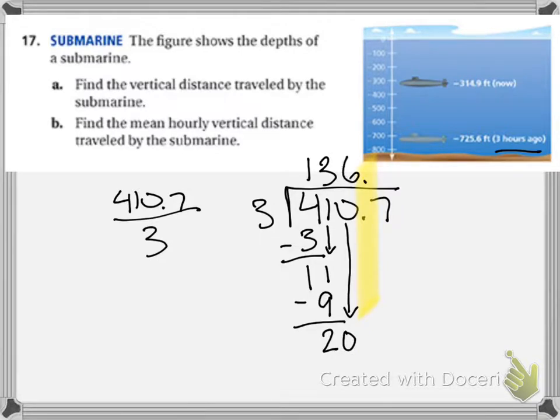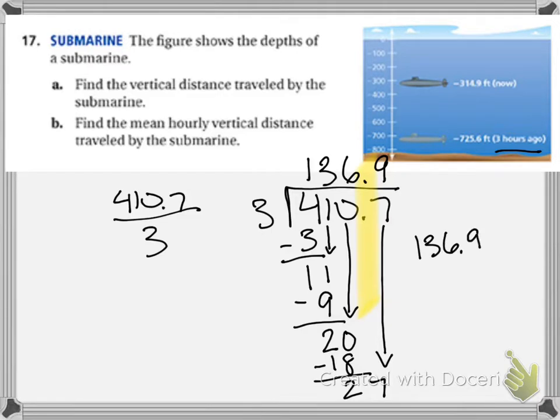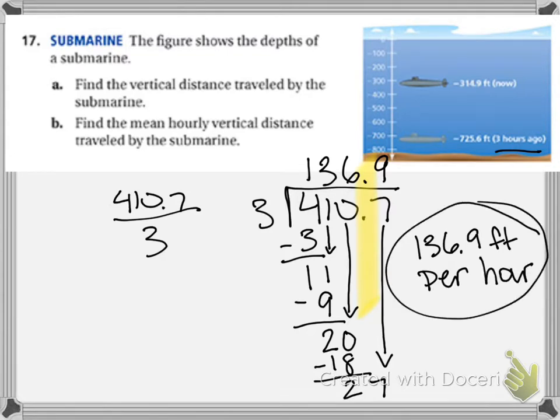I can do this 6 times, 18 and 2, and I can bring this 7 down, and that's 9. Okay, so the mean hourly vertical distance traveled by submarine is 136.9 feet per hour. And that is my answer.